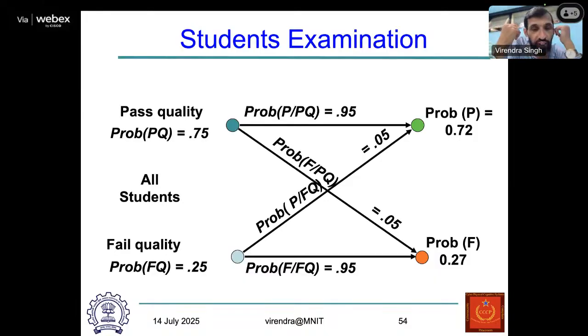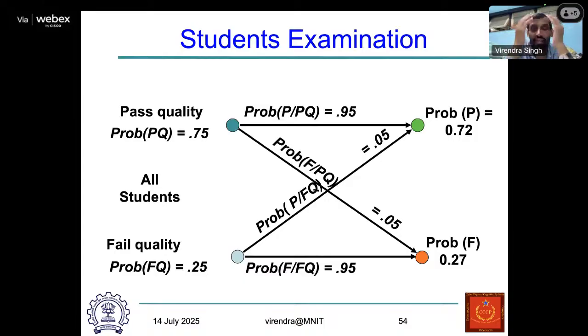On the contrary, if I set the question paper a bit easier, in that case, maybe all pass quality students will pass, but then some of the fail quality students perhaps may have studied that portion last night, and can also answer those questions and can pass.